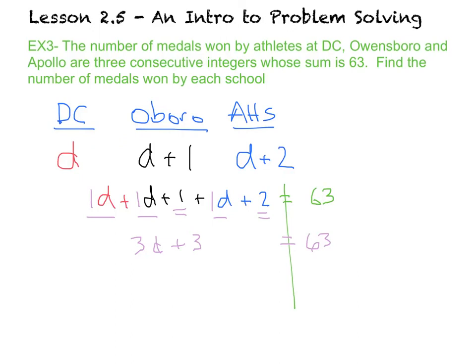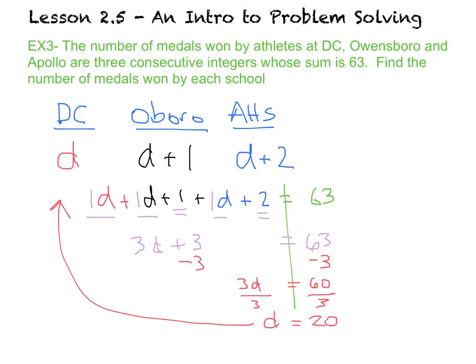So let's solve this equation. We'll go minus 3, minus 3. We've got 3D equals 60. Divide by 3, divide by 3. D equals 20. So we just found out that Davis County won 20.